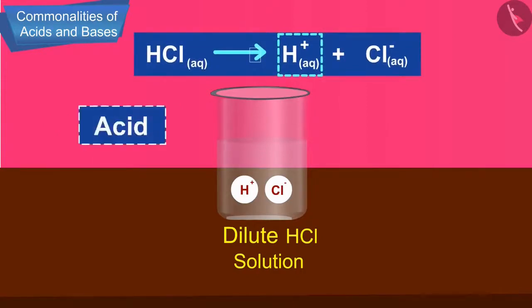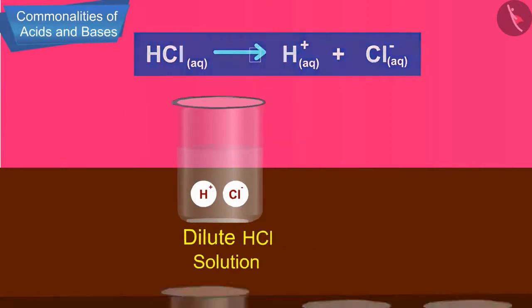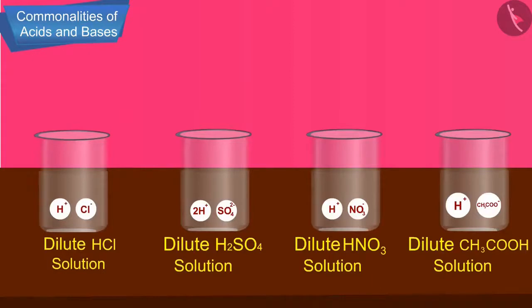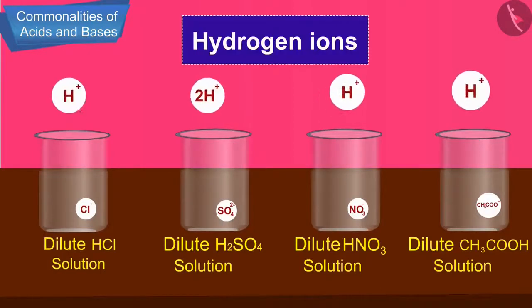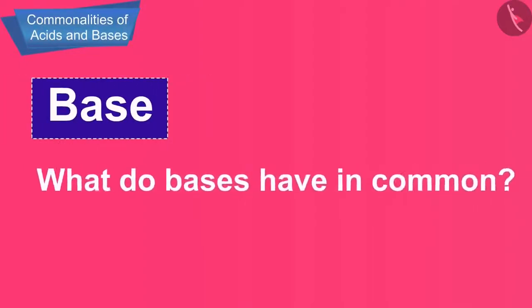So, we can say that an acid is a substance which dissociates on dissolving in water to produce hydrogen ions, or H+ ions. So, the common thing in all the acids is that they produce hydrogen ions when dissolved in water. Let's now move ahead and discuss what bases have in common.